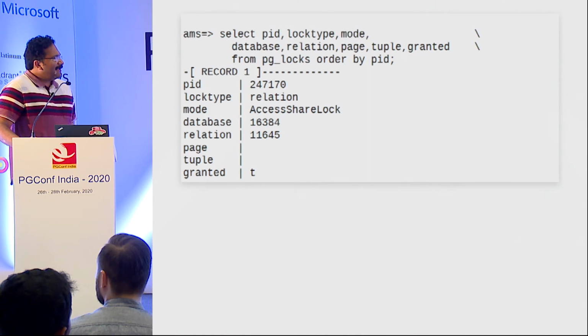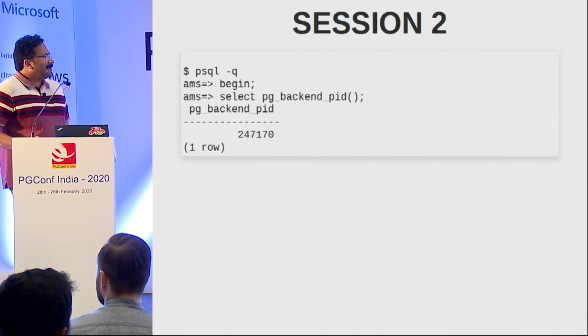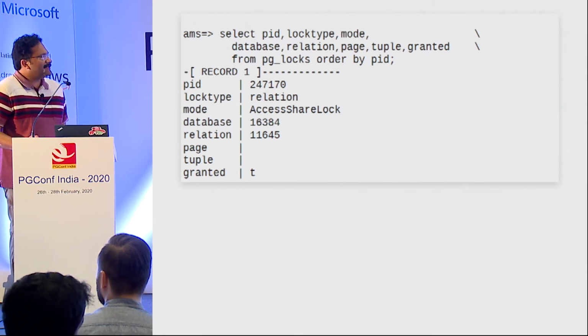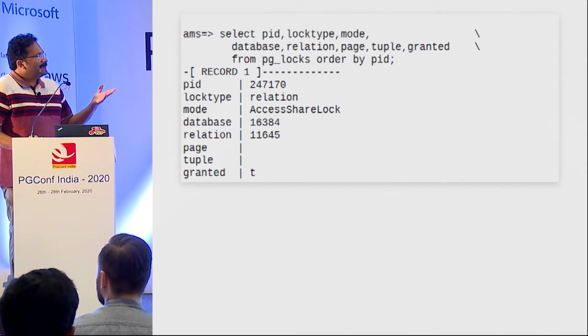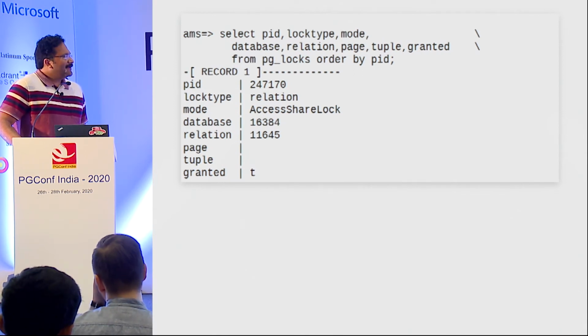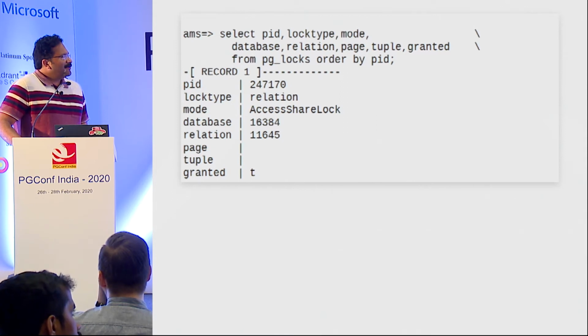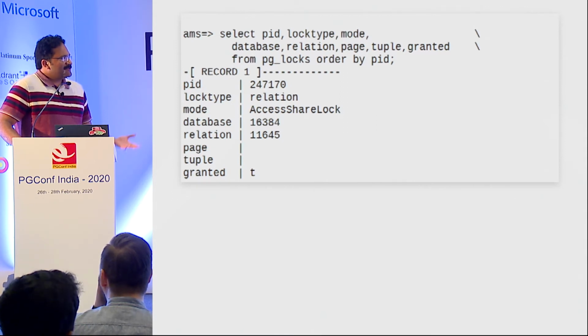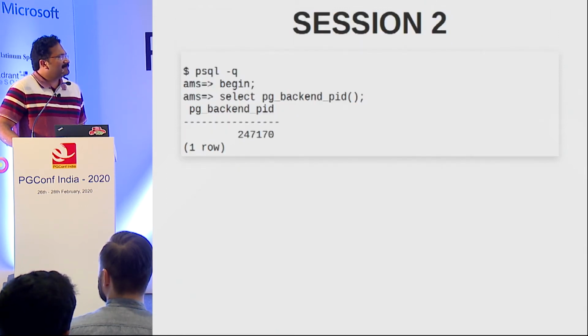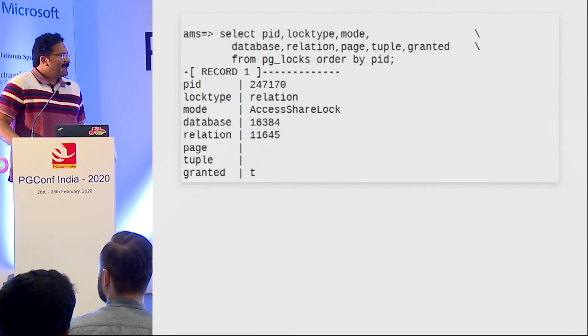And if I look at what locks there are already, just with an open transaction, no other queries, you see one access share lock, which is the lock that select acquires, on relation 11645, which is granted, and it's held by 170, which is my second session as it happens.